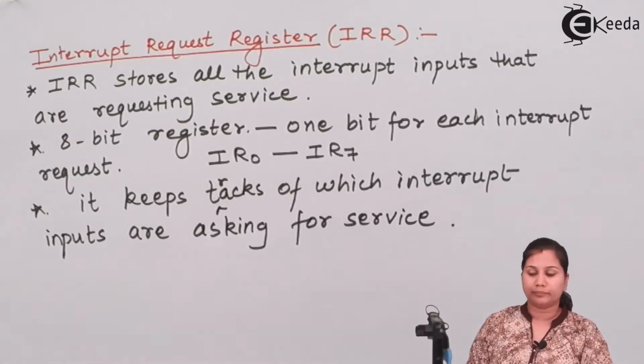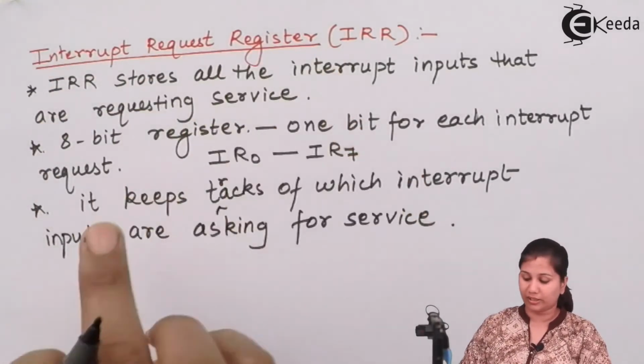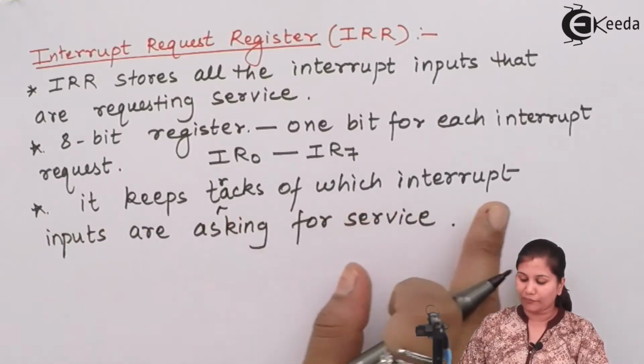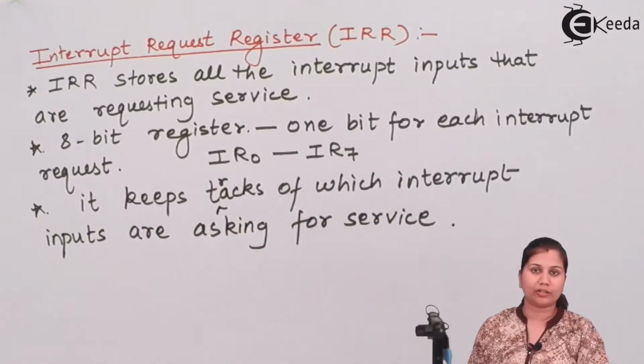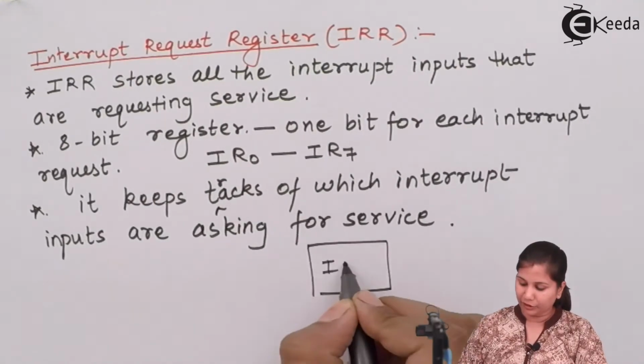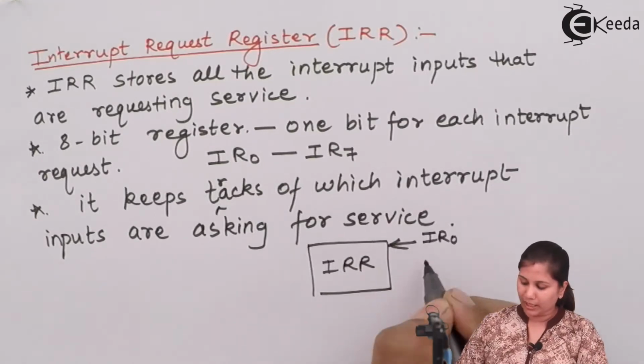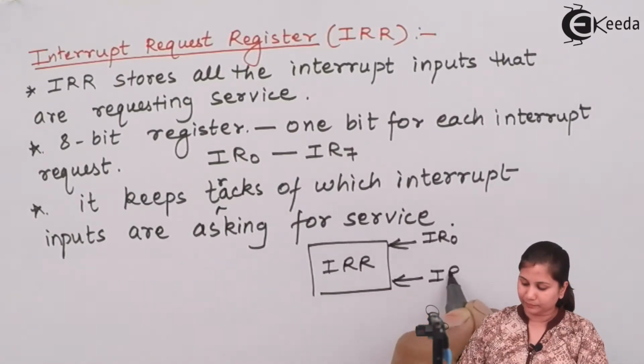So this interrupt request register basically keeps track of which interrupt inputs are asking for service. In this IRR register, we have the 8 lines, IR0 to IR7.